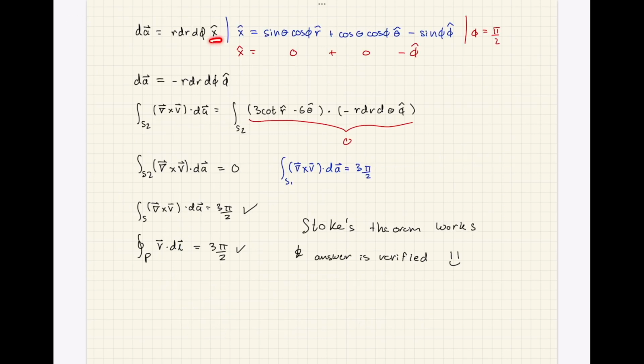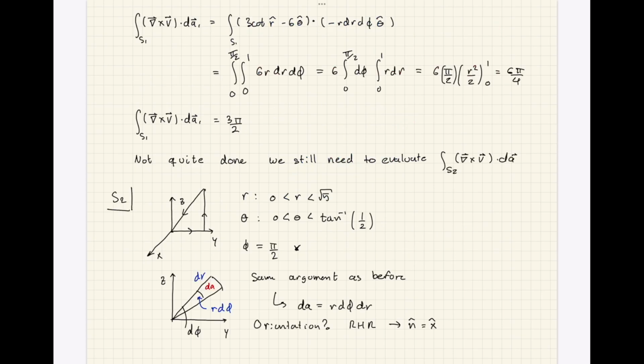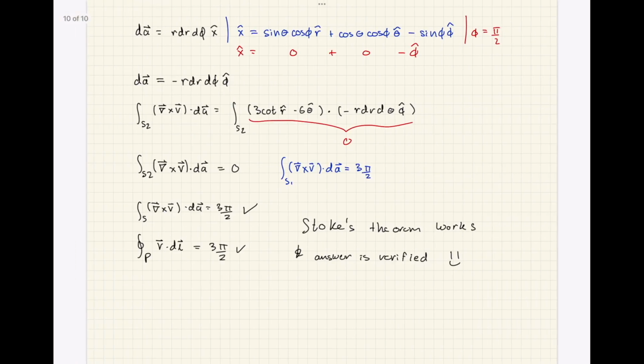So the thing is, x hat is a Cartesian vector, and we need to convert it into spherical coordinates, and we can do that with this conversion. You can refer to Griffiths on how to convert from spherical to Cartesian. Remember, our phi was pi halves. After plugging my phi into here, I get that my x hat is equal to minus phi hat, so I'm left with an elemental area of minus r dr d phi phi hat.